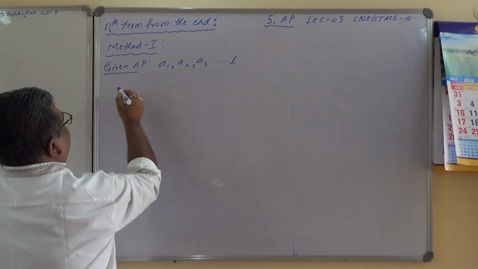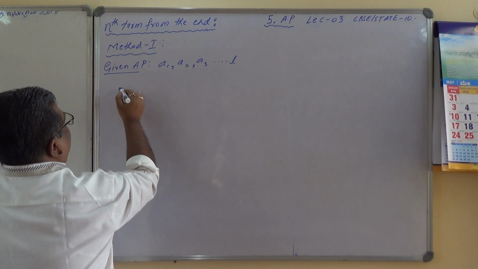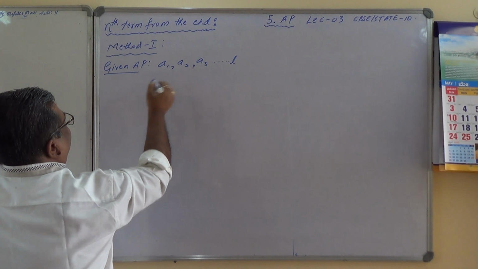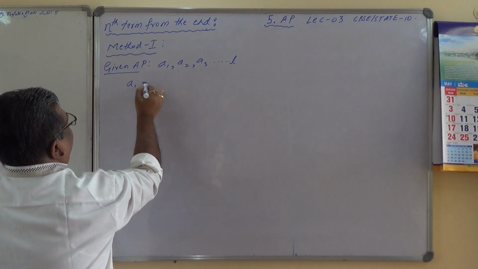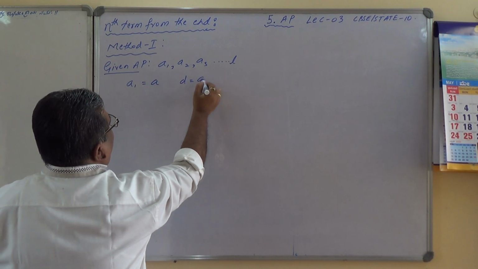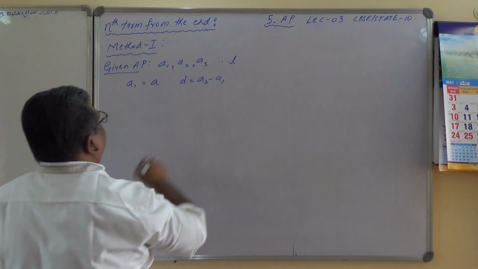So this is the given AP here. What is the first term? A is the first term and D is the common difference over here. So A and D you can extract: A1 equals A, and common difference D is equal to A2 minus A1. This is how it is.